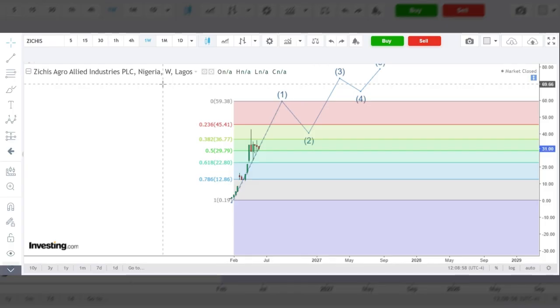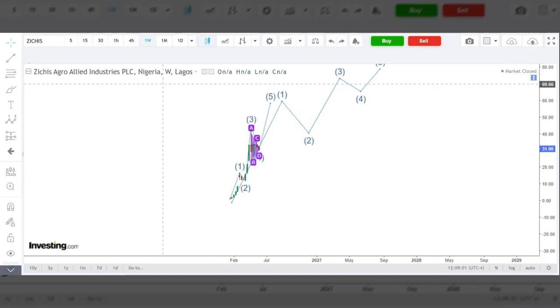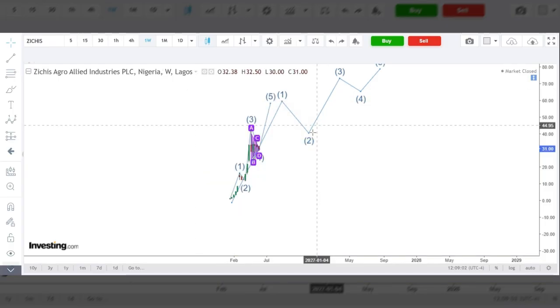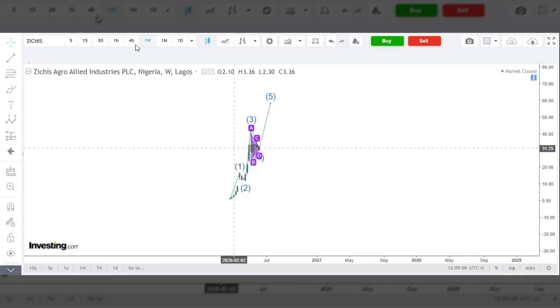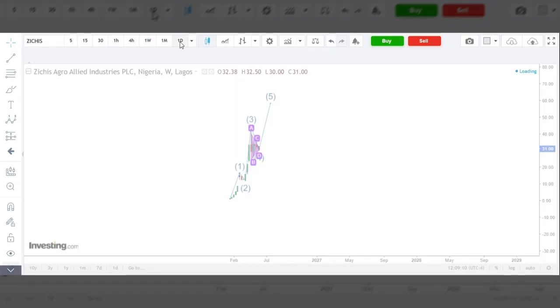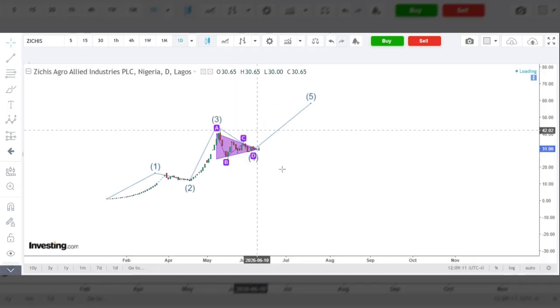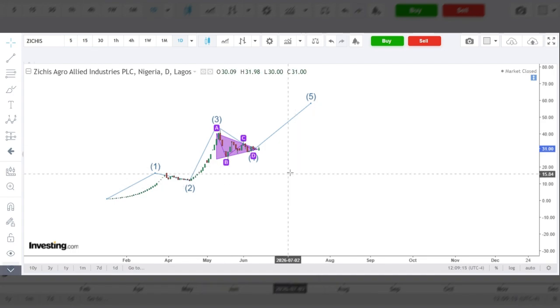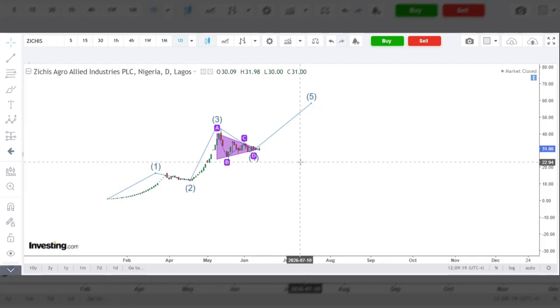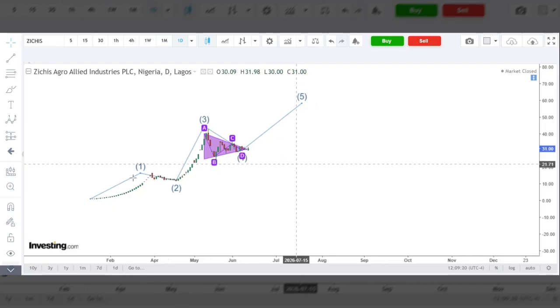Okay, so let's put everything back now. I will remove this one. Let's go back to the daily chart. Yeah, the daily chart is good. You can see I've already shown you how this is.